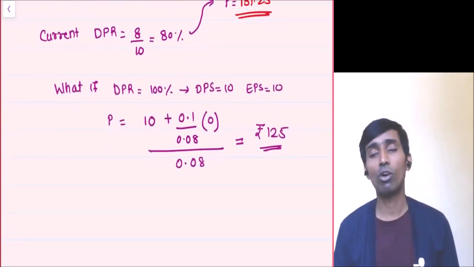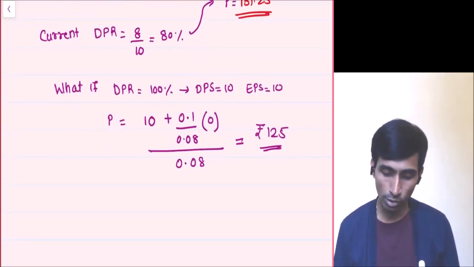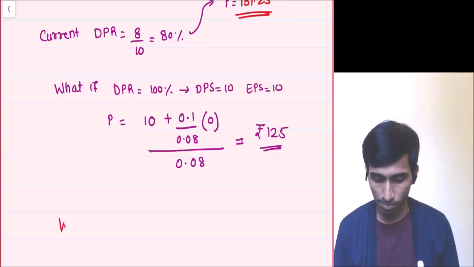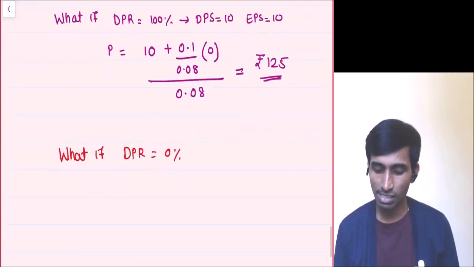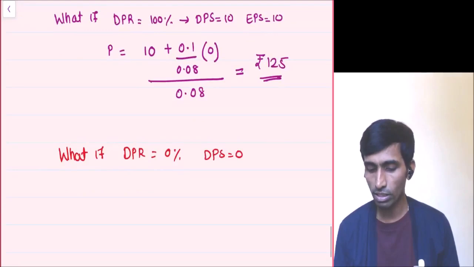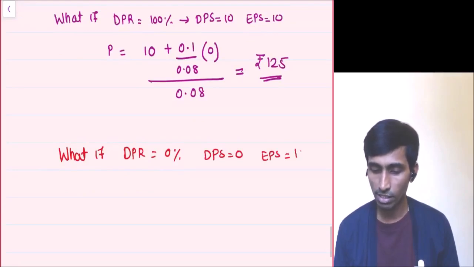My recommendation was dividend payout should be 0. So what if the dividend payout ratio is 0%? That means DPS is 0, EPS is 10. Now I'll calculate the price.